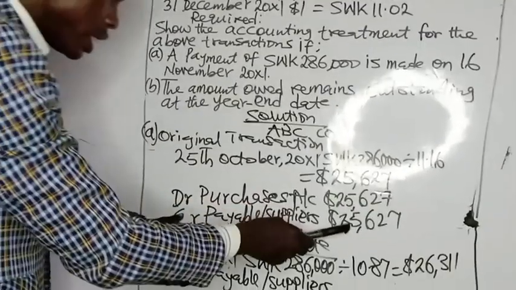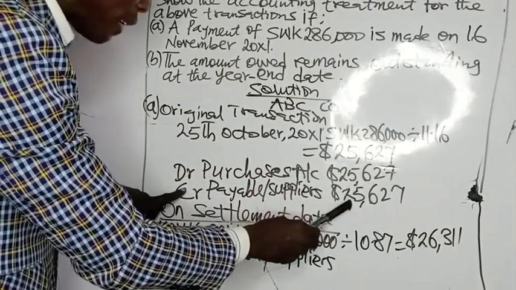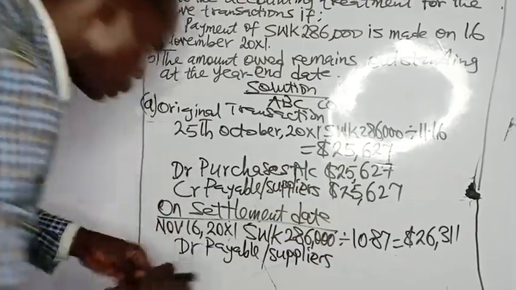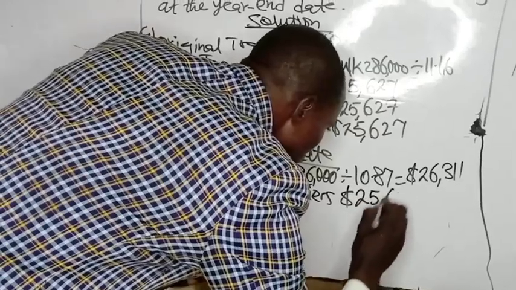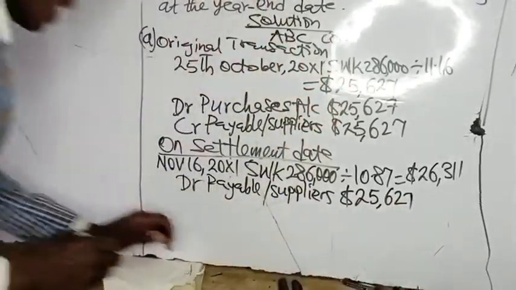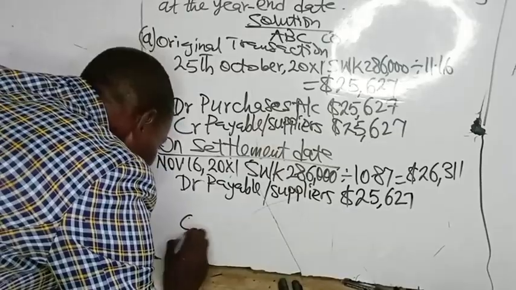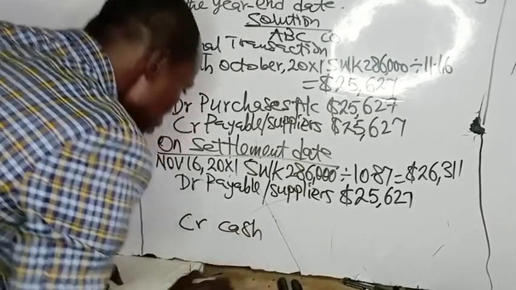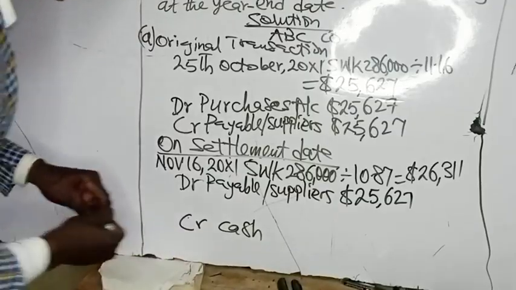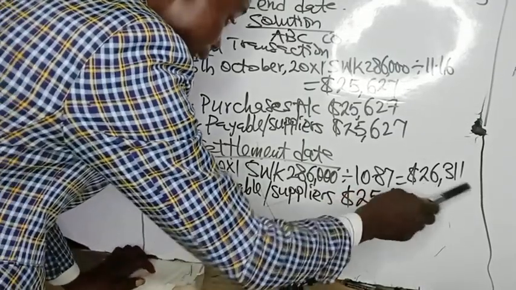The amount owed to supplier was 25,627. So you debit the supplier with that amount in order to settle the supplier. So you credit cash. The amount paid to suppliers is 26,311.